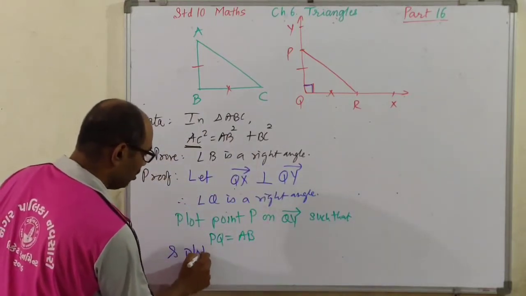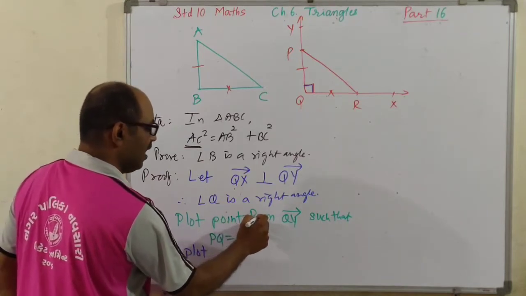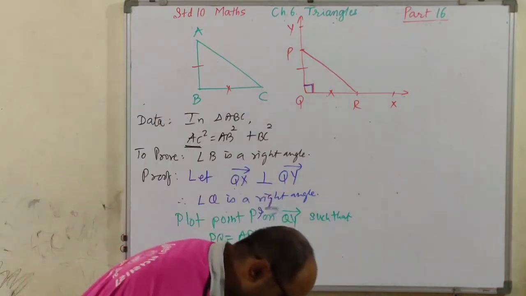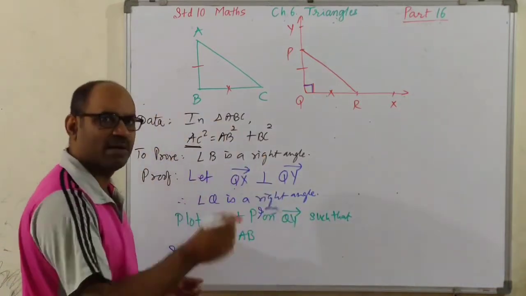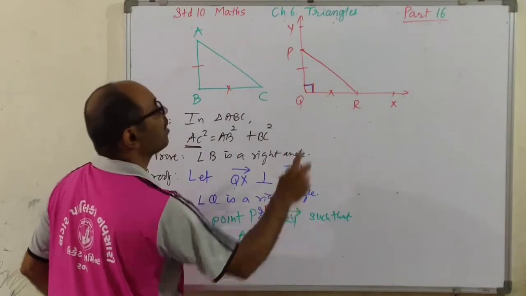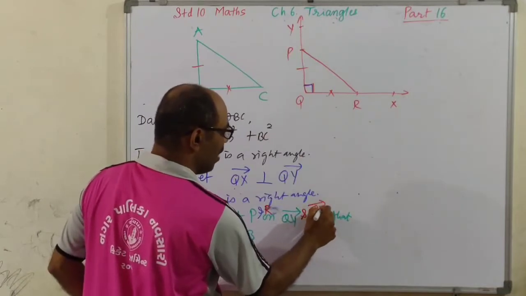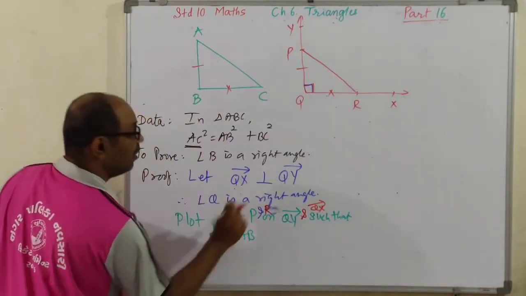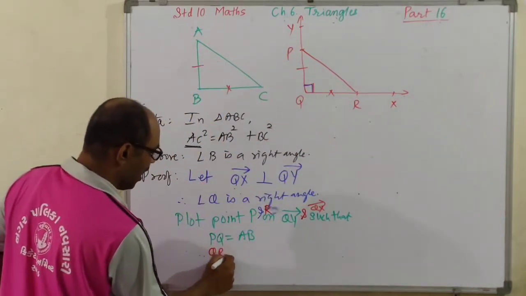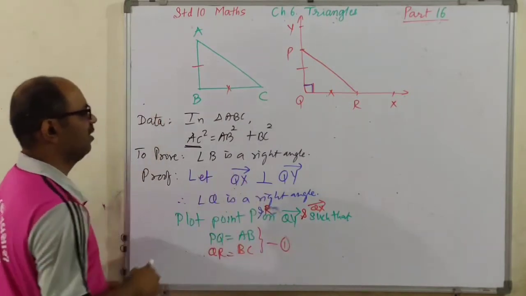And plot point P and R, instead of writing them separately, we write them together. Plot points P and R on ray QY and ray QX such that PQ is equal to AB and QR is equal to BC. Call this result 1. Alright?